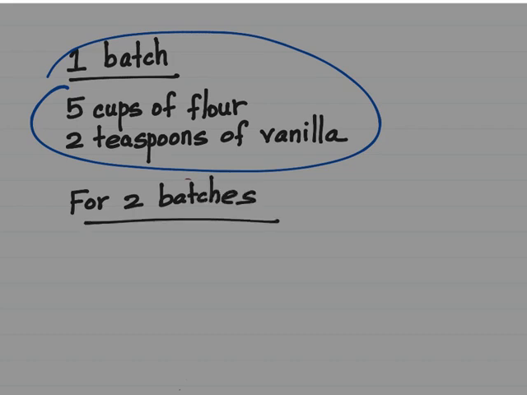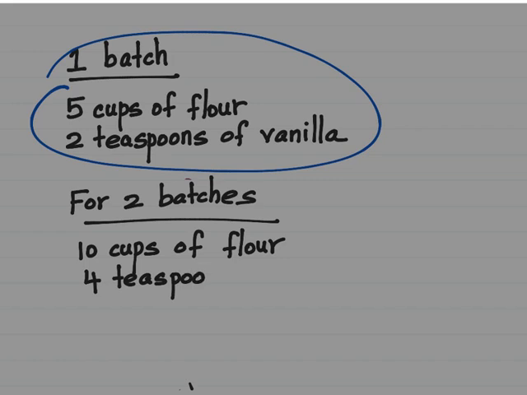5 cups of flour will become 5 times 2 is 10 cups of flour. And 2 teaspoons of vanilla. That's for one batch. For 2 batches we need times 2. So 2 times 2 is 4 teaspoons of vanilla.